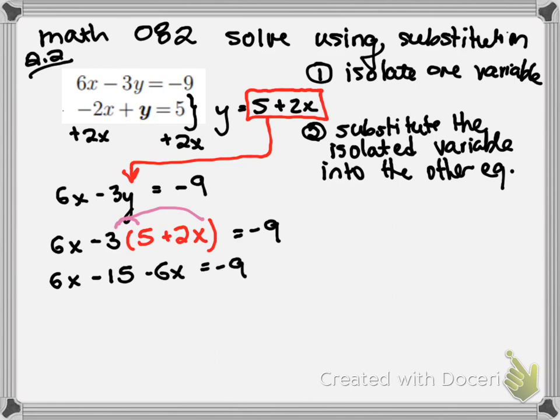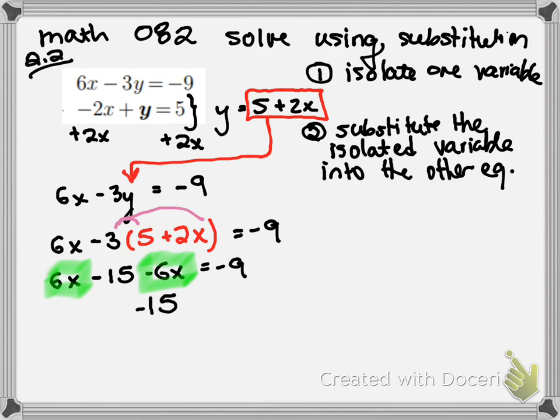So you might notice over here that it looks like we have a positive 6x and a negative 6x. So we have some like terms which we can combine. 6x minus 6x is 0.